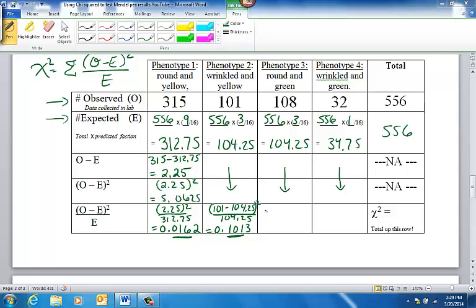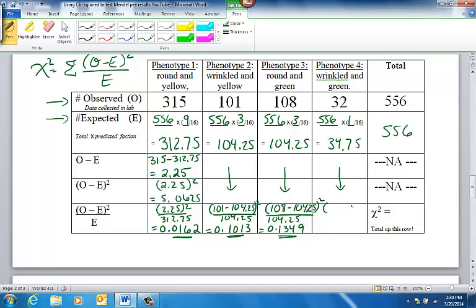And then now, observed 108 minus expected 104.25 squared divided by expected 104.25. What does that equal? That equals 0.1349, which would be, if we kept it to 3 digits there, 0.135, but we'll just leave it to the fourth right now.